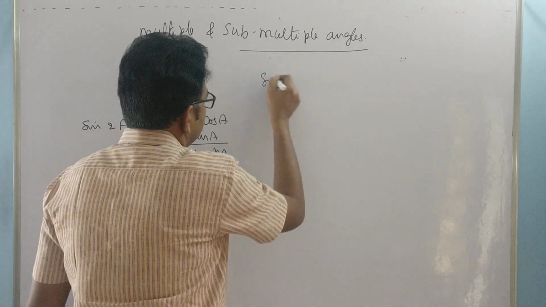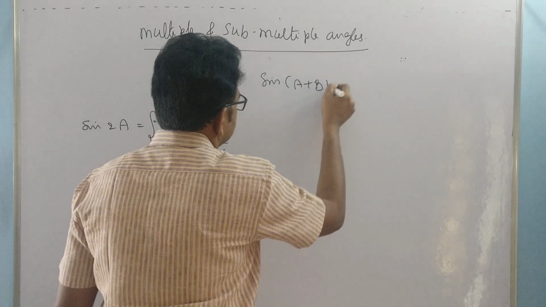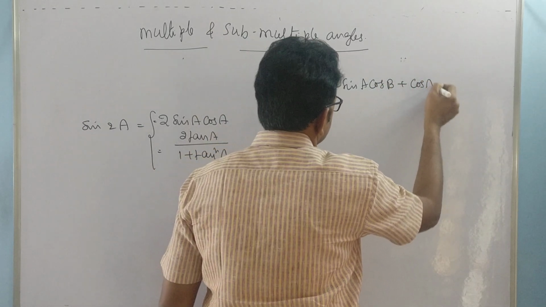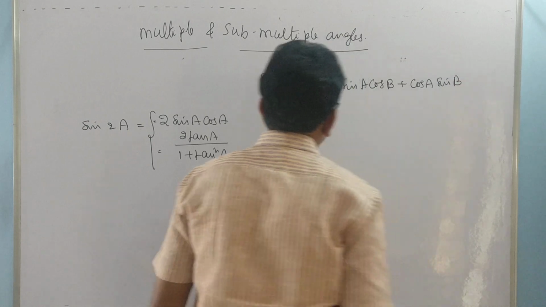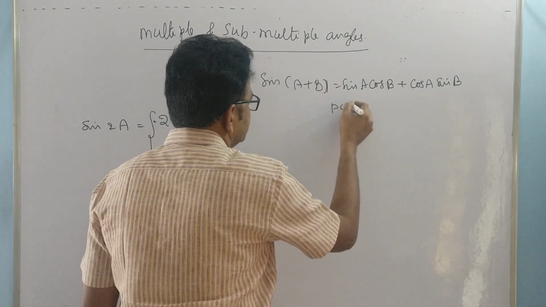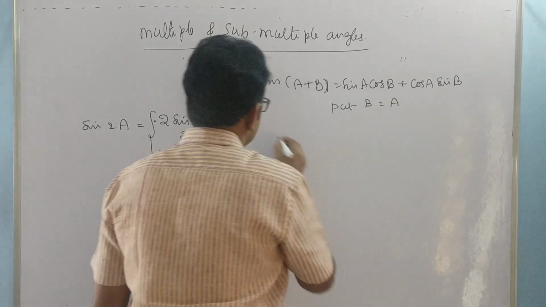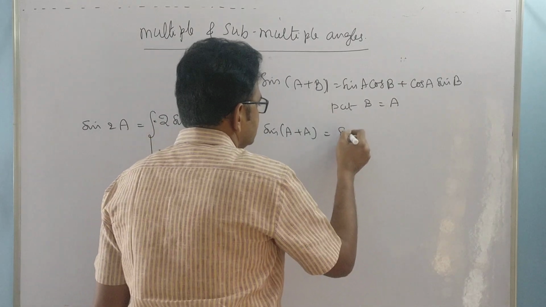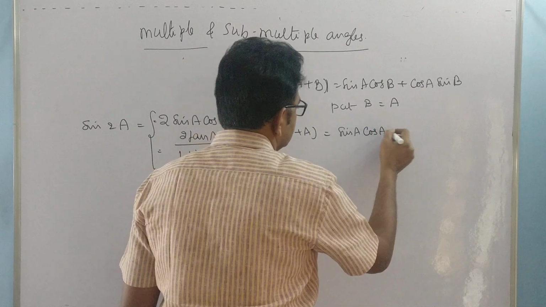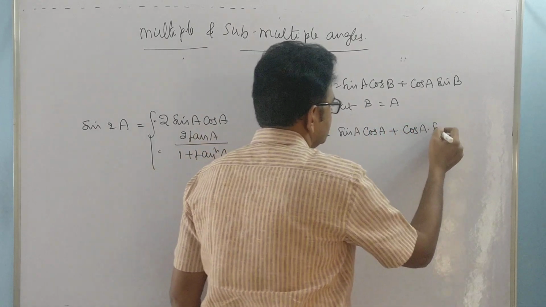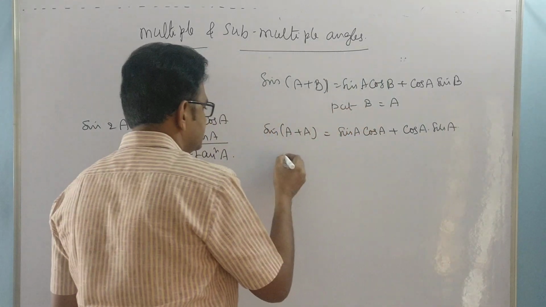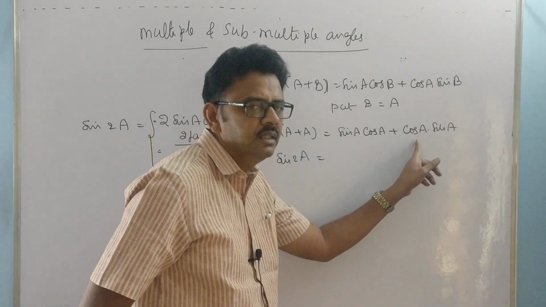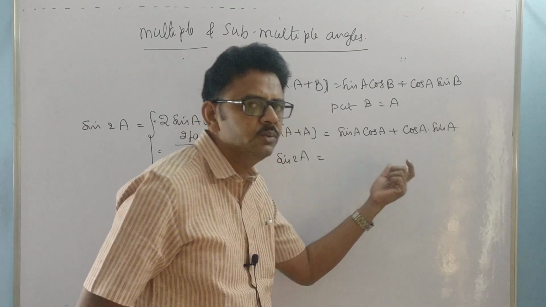See here, we have sin of A plus B is equal to sin A cos B plus cos A into sin B. In this one, put B is equal to A. Therefore, sin of A plus A is equal to sin A cos A plus cos A into sin A. So this is sin 2A is equal to sin A cos A plus sin A cos A. This is just like x plus x is what? 2x.